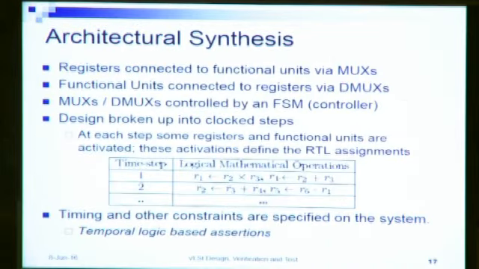So there are registers, and how will they be controlled? How will this controller unit control what data should pass from the register, when, to which functional unit? How will this be controlled? The registers are connected to the functional unit via muxes. The mux is an N input, 1 output device. So what will it do?